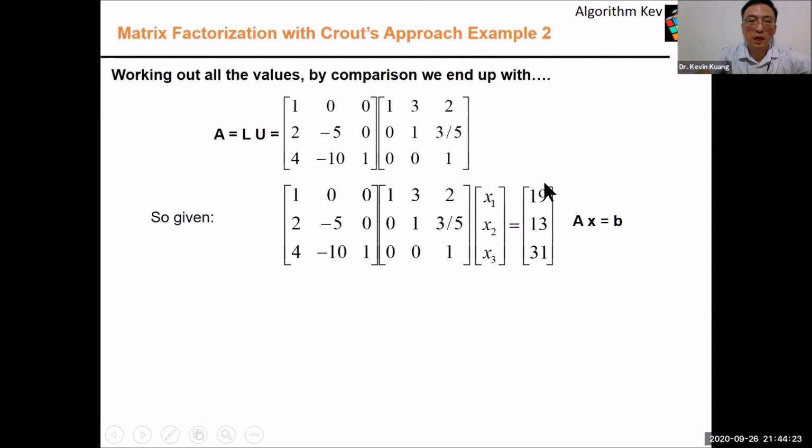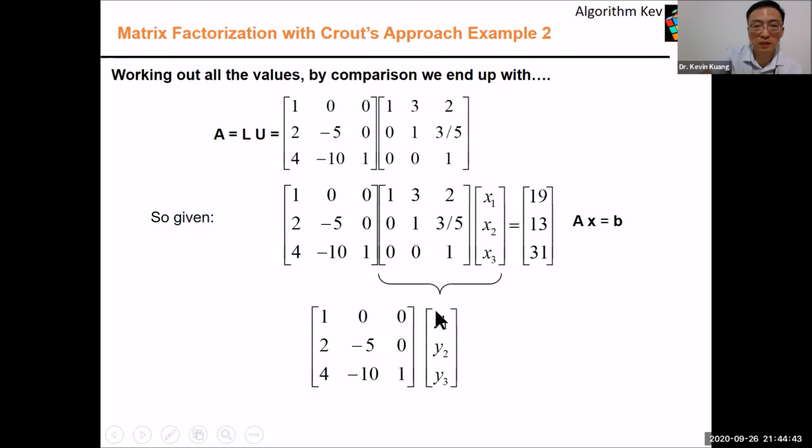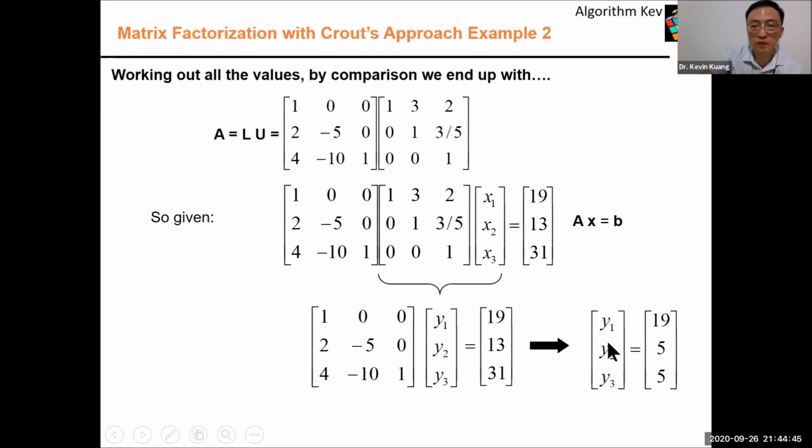So again, this is our matrix A and we would like to solve this. Let's start by doing the intermediate calculation. We will define this part as the matrix Y, the unknown vector Y. Solving for Y will give us the values of 19, 5, and 5.